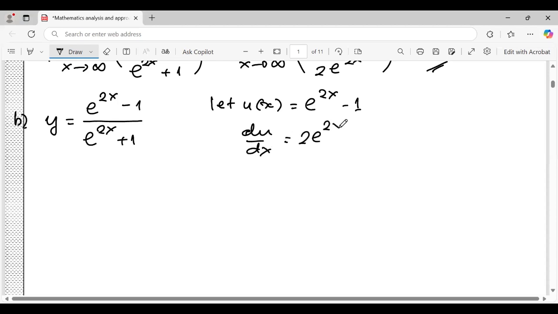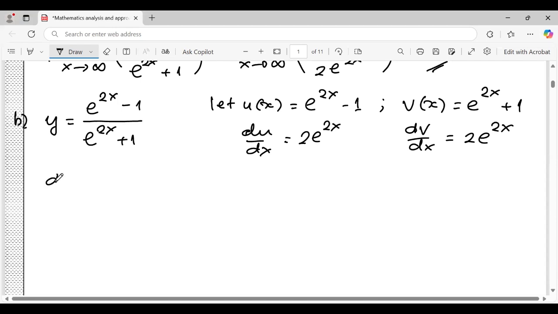equals 2e^(2x). And v(x) equals e^(2x) plus 1, and dv/dx equals 2e^(2x).